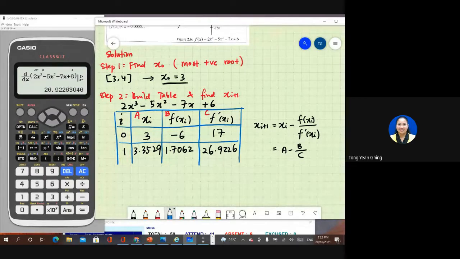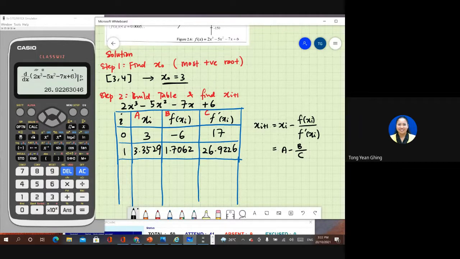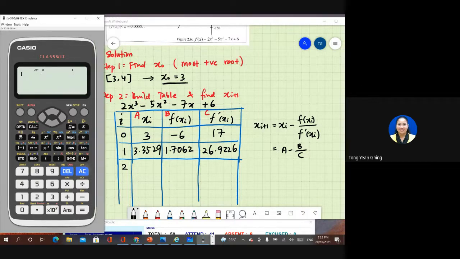Okay, and then continue the iteration using this formula and put in A, B, C. Calculate. A is 3.3529, B is 1.7062, and C is 26.9226.